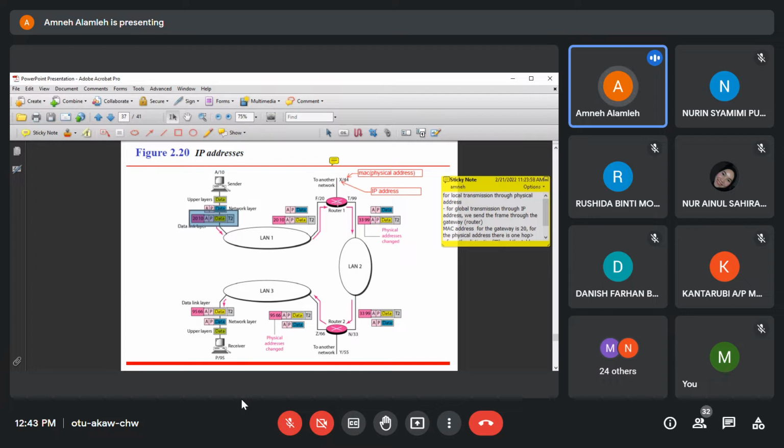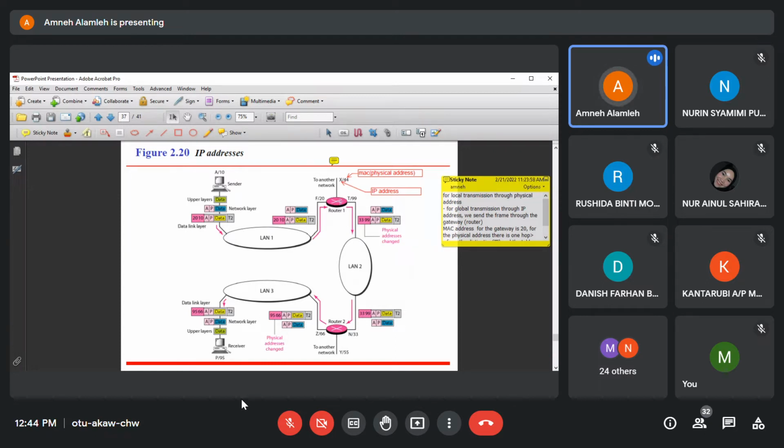Router 1 has multiple networks and multiple interfaces. Each entrance here to the router, we call an interface. It has an interface with local area network 1, another interface with the upper one, which is another network, and this one is network 3. So router 1 connects 3 LANs, 3 networks.